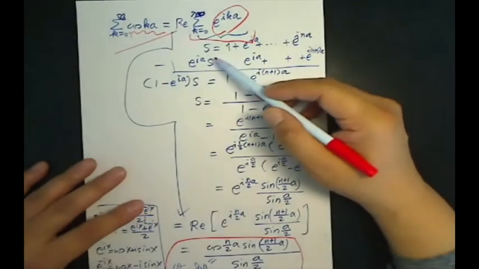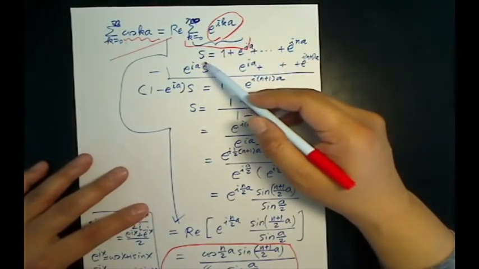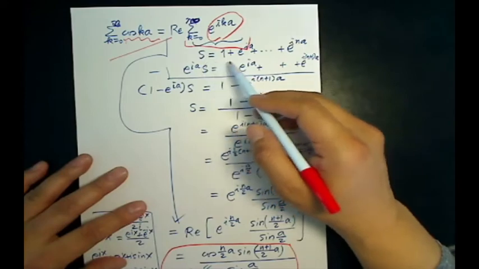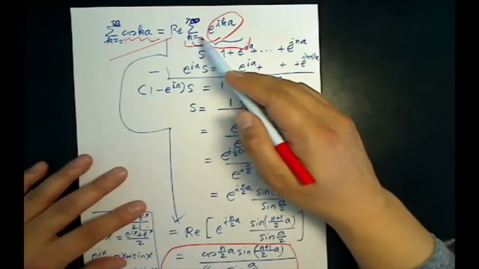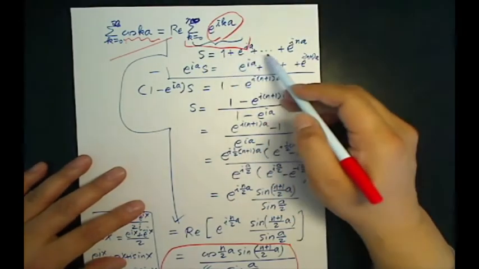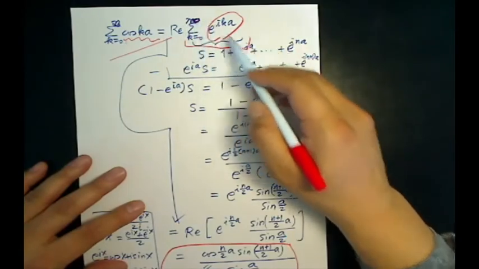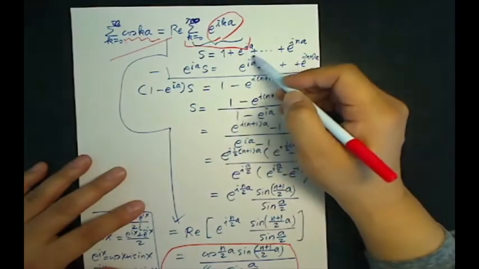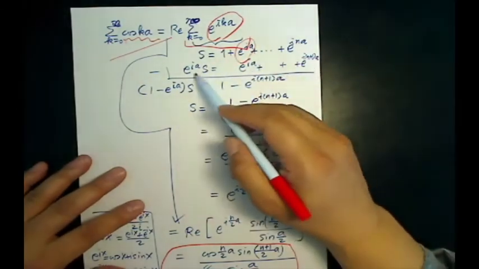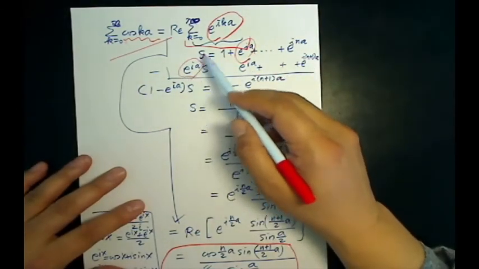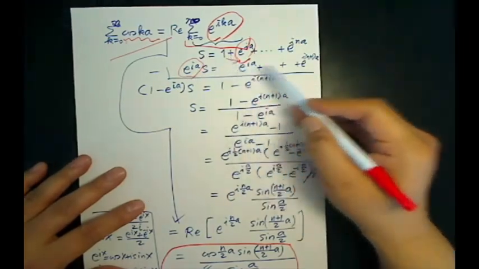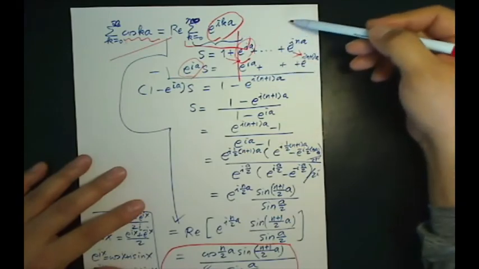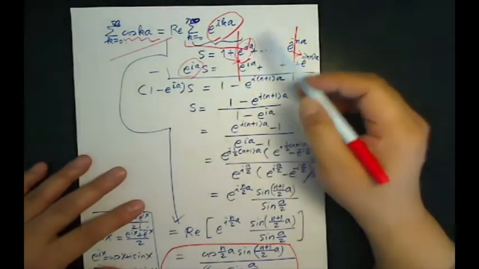This geometric series can be summed as it is. S runs from k equals 0, begins with 1 and ends up with e to the i n a. If I multiply by this common factor, this is shifted and this is shifted. And everything in between is the same.